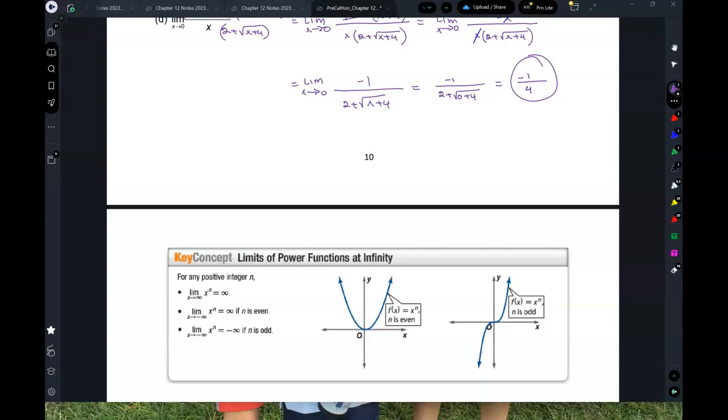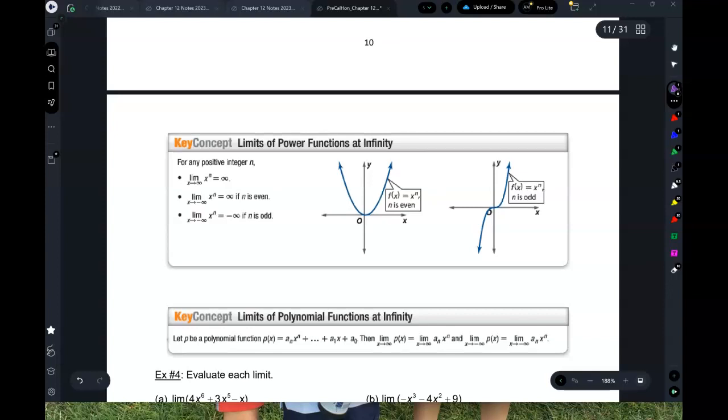What if you have to find a limit at infinity? Remember, whenever x approaches infinity, you always just look at the term with the highest degree. So if you have a complicated function, if f of x is like 3x to the 7 minus 2x to the 4 plus 2x minus 3, as x approaches infinity, none of the last terms matter. The only thing that matters is 3x to the 7.